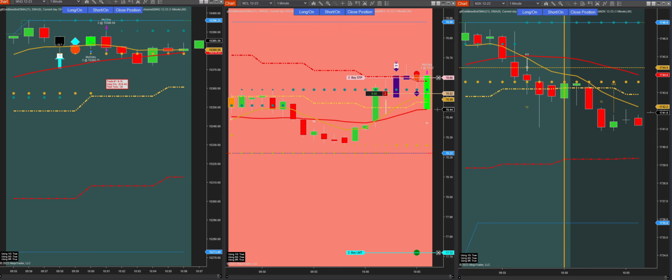I believe here we're still running in some profit. Let's see if our break even stop gets activated. Again, pretty aggressive target here. So there we go, we are now in a break-even trade.